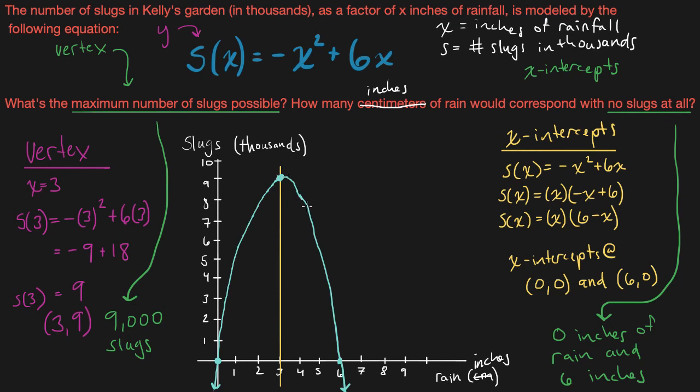I don't know, maybe the mating conditions or the egg conditions or something isn't quite right anymore, and so the number of slugs declines. And then just to illustrate this, hopefully a little more clearly, this point right here corresponds with the maximum number of slugs.